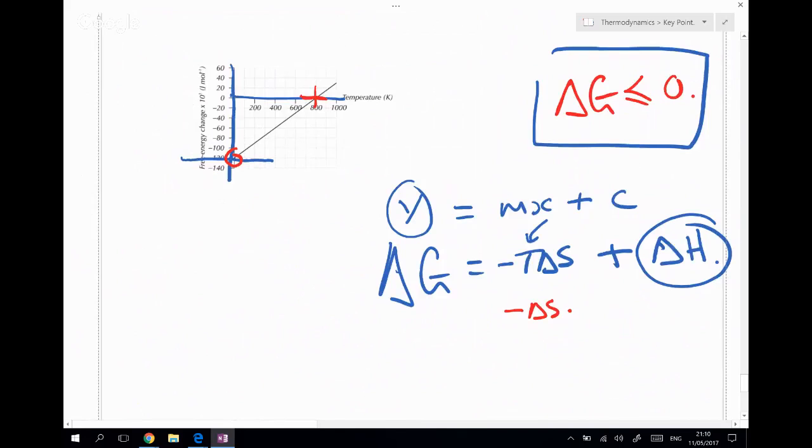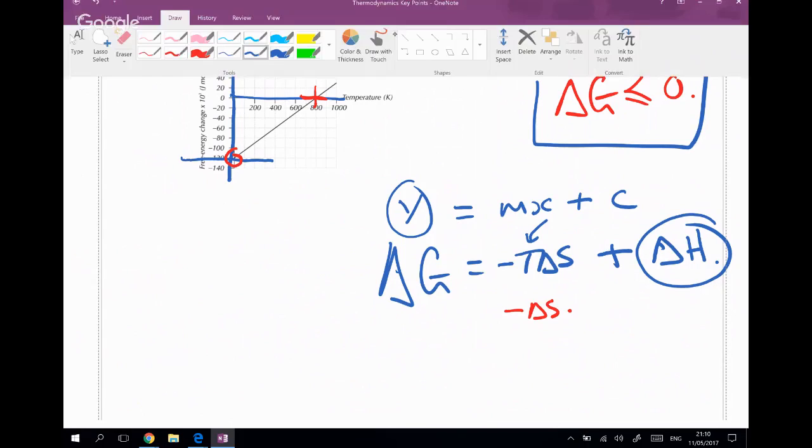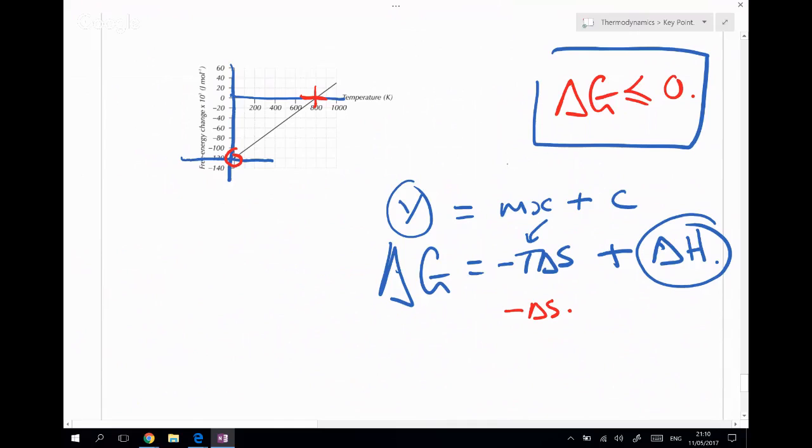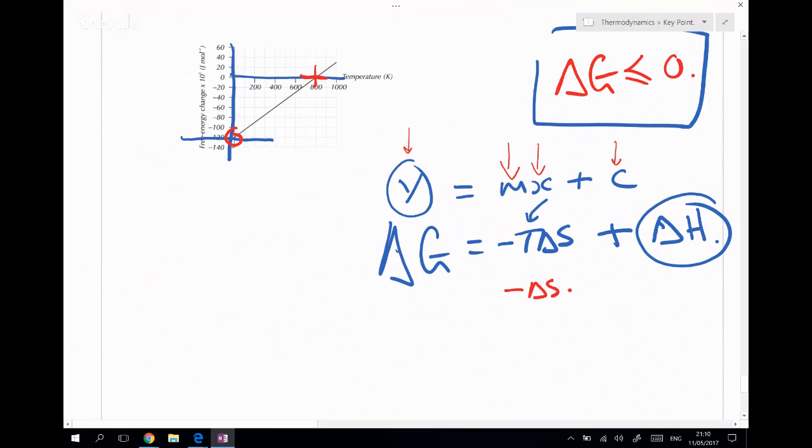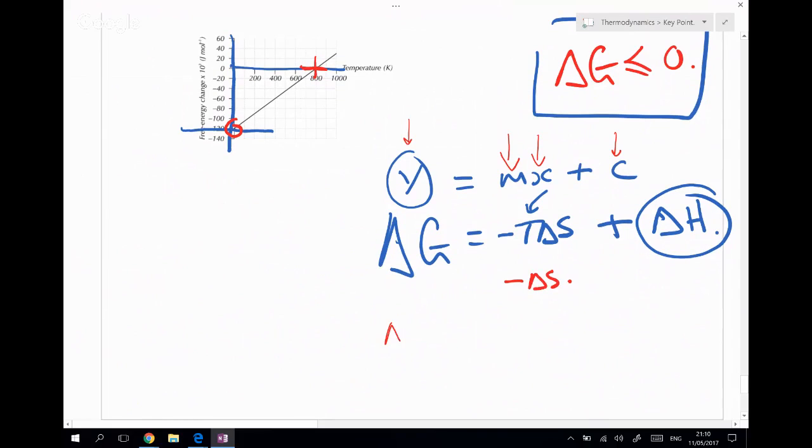Now, if I was to look here at the equation, just recall here that my m is the gradient, x is what I plot on the x-axis, y is what I plot on the y-axis, and c is the intercept. Now, if I separate out this equation so it's a little bit more obvious, I'm plotting positive t.